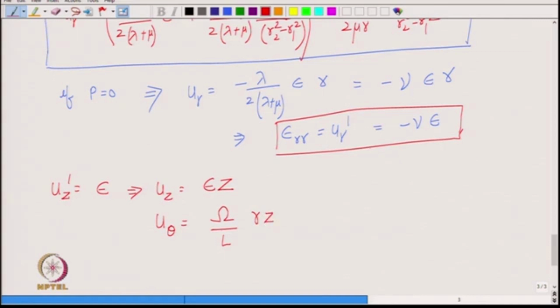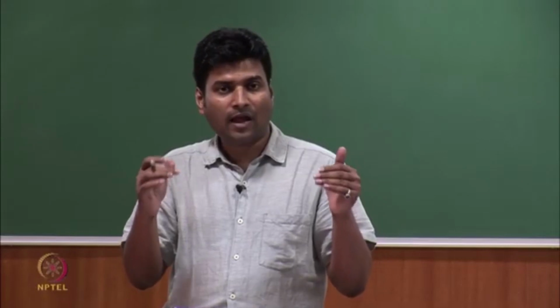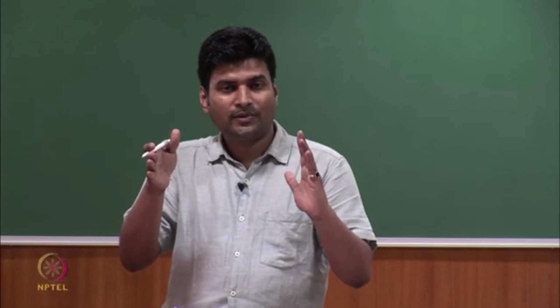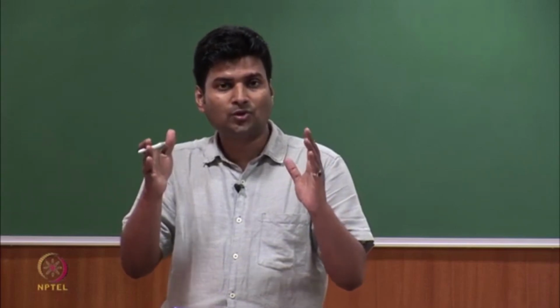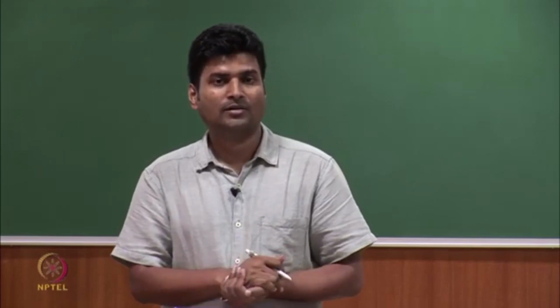So, that is u theta. And what is still remaining now? You see, we still do not know what is epsilon and what is omega, we still do not know these two. What we know is that we have applied axial force F and twisting moment m. So, perhaps from these two pieces of information we will be able to obtain epsilon and omega.